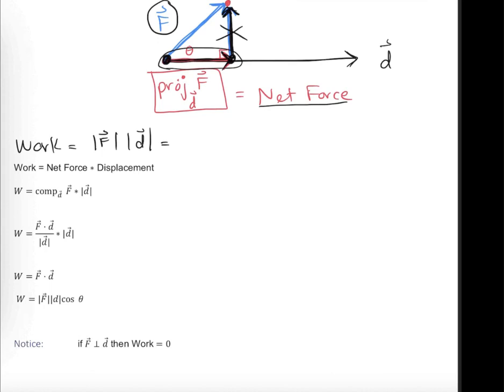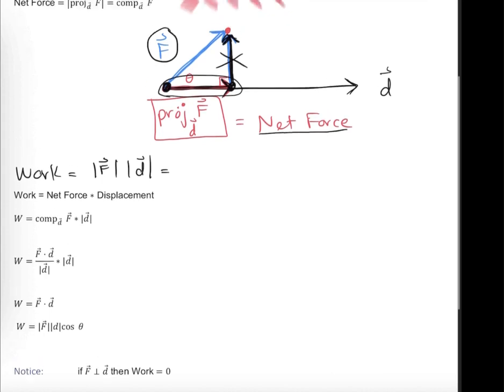Instead of mag F, because we can't use mag F, that's in a different direction, we could look at the magnitude of the projection of F onto D multiplied by mag D. Well, that's basically my net force, right? So the magnitude of this projection vector is the magnitude of the force in the direction of D, and then the magnitude of D itself is the overall displacement.